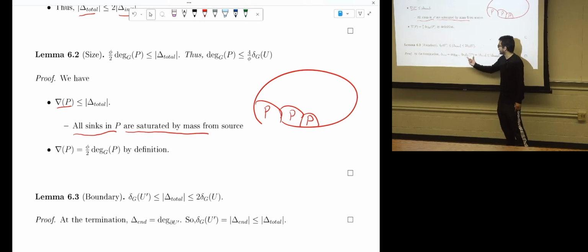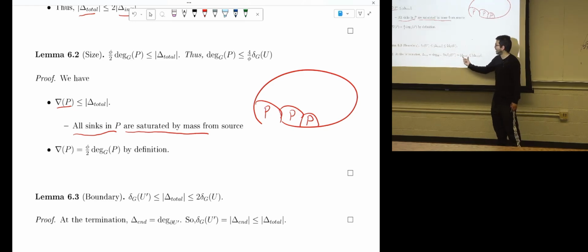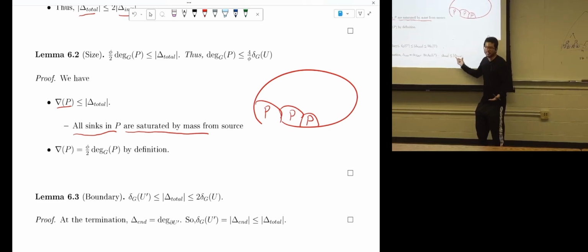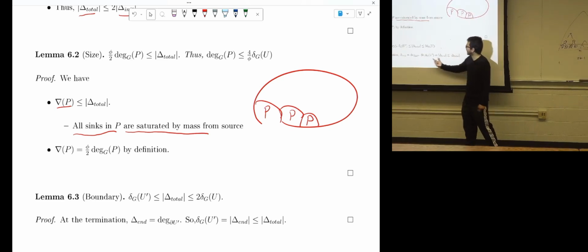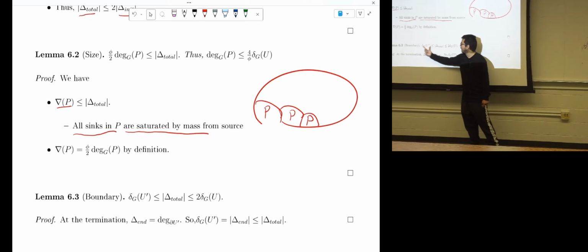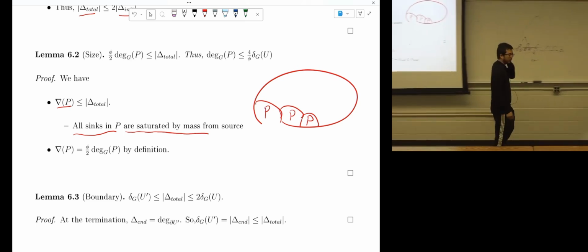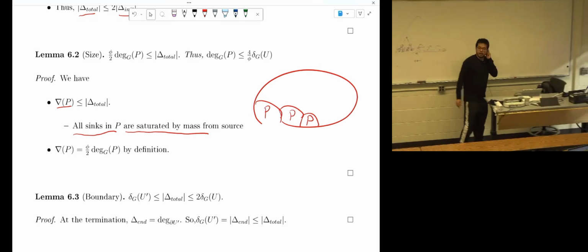So it means that the size of the total source at the end is just the size of the battery of U prime. But the total source at the end is just part of the total mass that you ever created. So you get that this thing is at most the total mass ever created. So the new battery is at most twice of the old battery. So we are done.